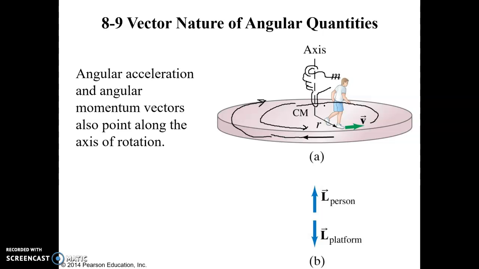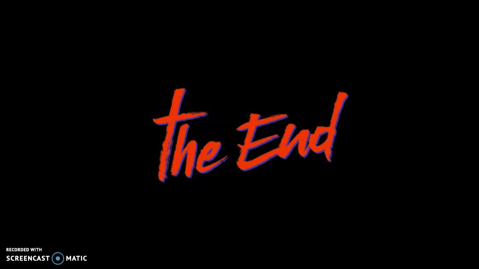So the momentum of the disk is pointed down according to our right-hand rule. The momentum of the man is up, and the momentum of the spinning disk is down. Hopefully I didn't make too much of a mess of that explanation, but that is the last concept I wanted to explain. So that's it for Chapter 8.